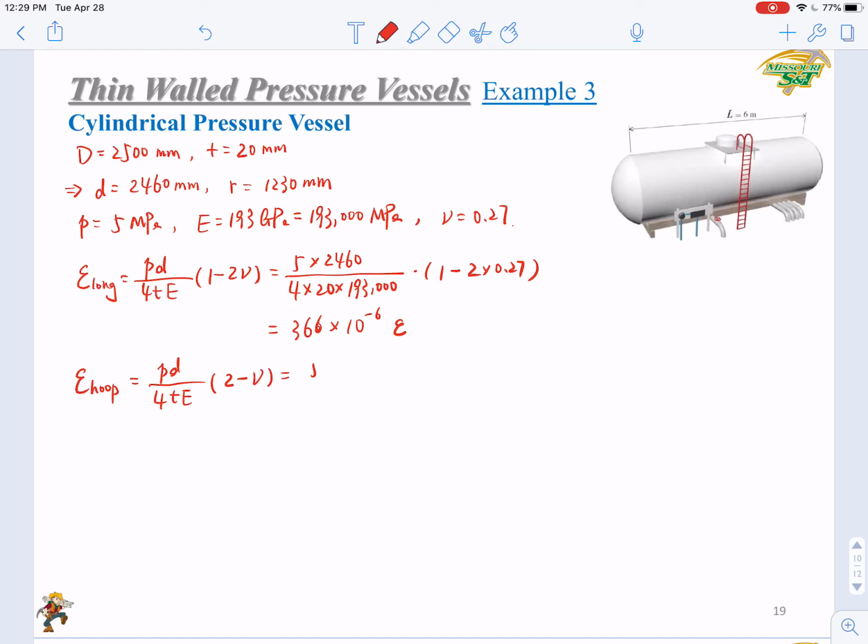Here will be 5 times 2460 over 4 times 20 times 193,000 times 2 minus 0.27. Then here you will get 1378 microstrain.